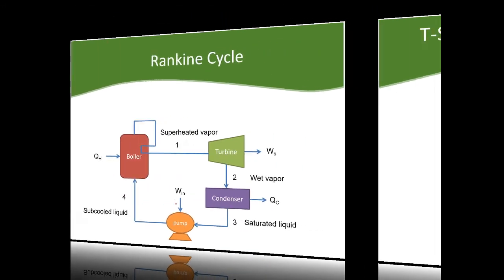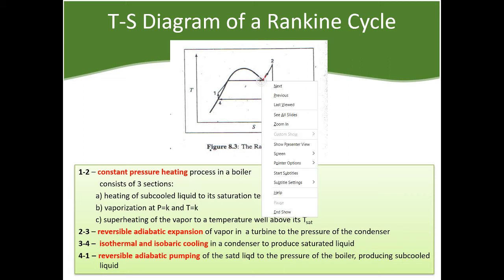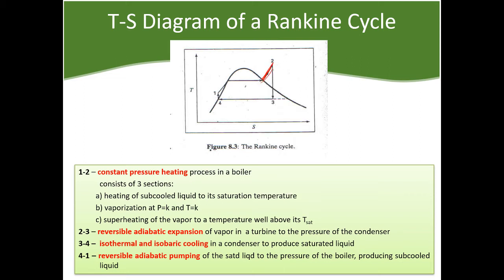Yan. So, ano itsura sa TS diagram? Ito yun. Una, may superheating. Okay? May superheating, lumabas siya ng saturated region. So, this is the superheated region na sa TS diagram. So, pagpasok niya sa turbine, superheated siya.